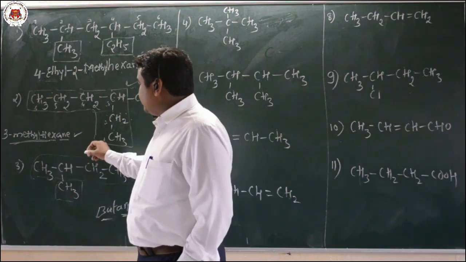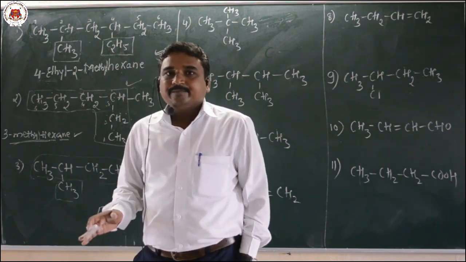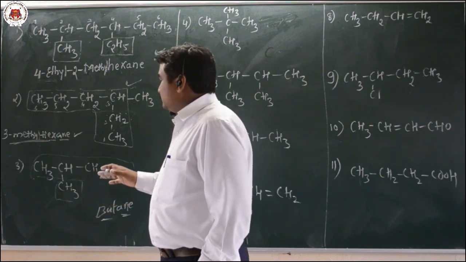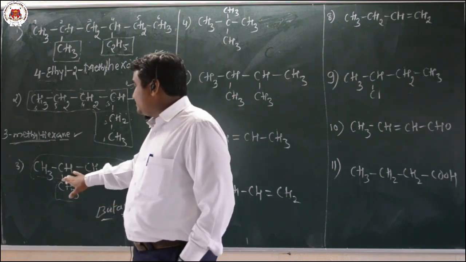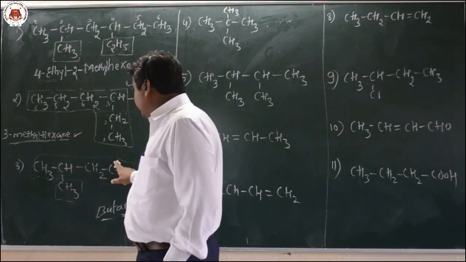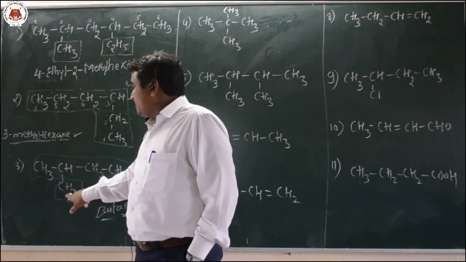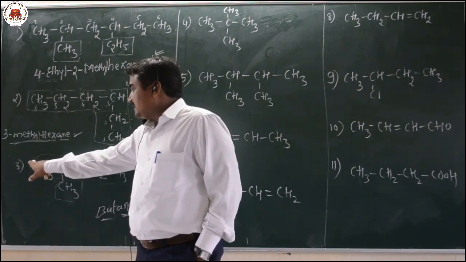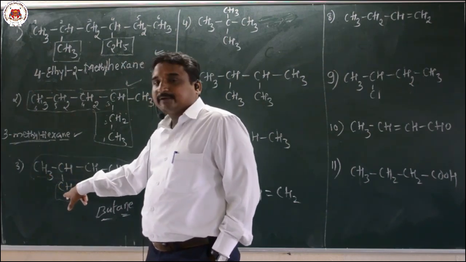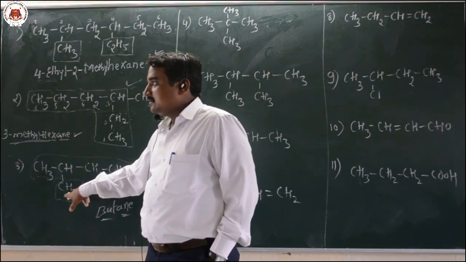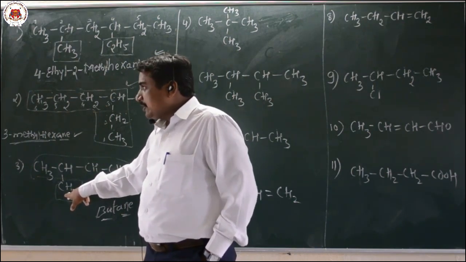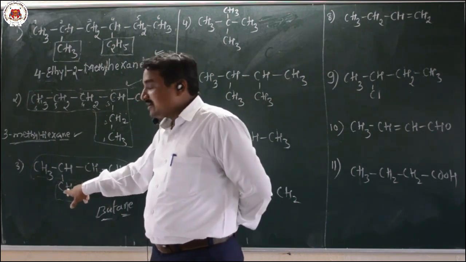So before numbering this carbon atom, first you have to identify the substituent group. From this side if you number 1, 2, 3, at the third position we have the substituent group. When we number from left to right, 1, 2, the second carbon will get what here? Branched carbon atom. As per IUPAC rule, the branched carbon should get what here?